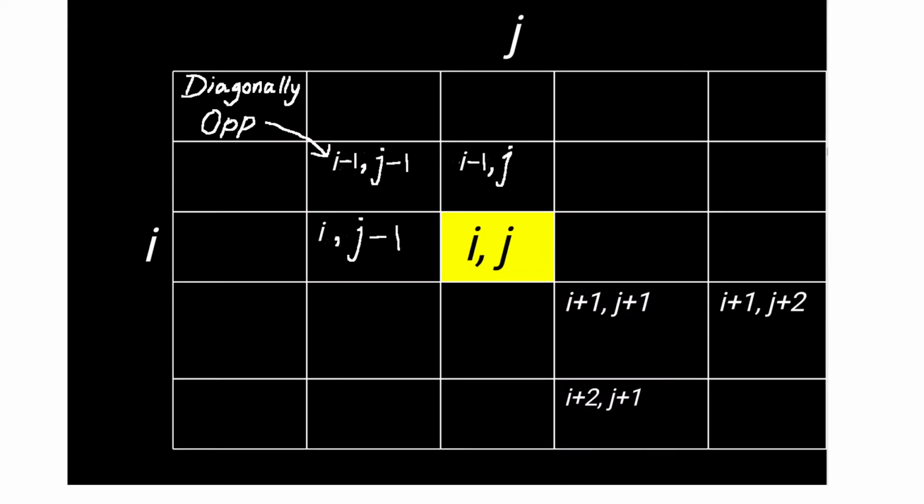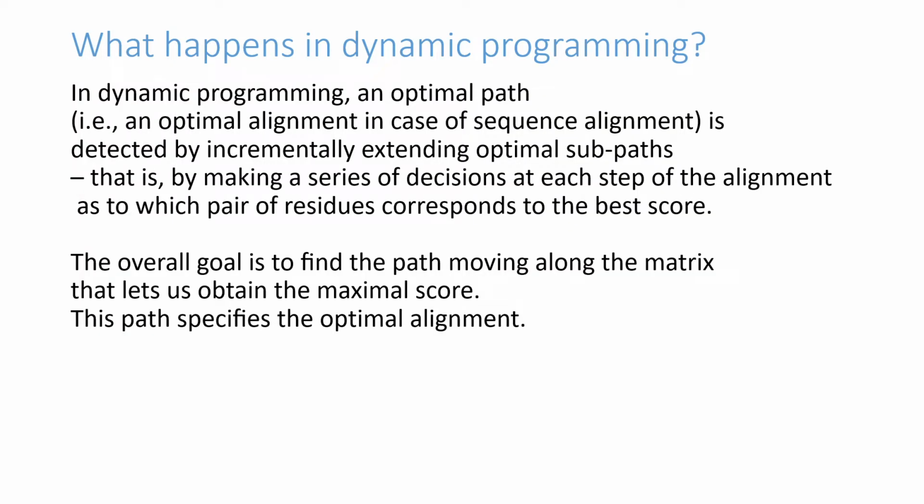So this is how a matrix looks like. Suppose we work on a present cell i, j in the matrix. We have the diagonally opposite cell i minus 1, j minus 1, the top cell i minus 1, j, and the left cell i, j minus 1. This is what happens in dynamic programming.